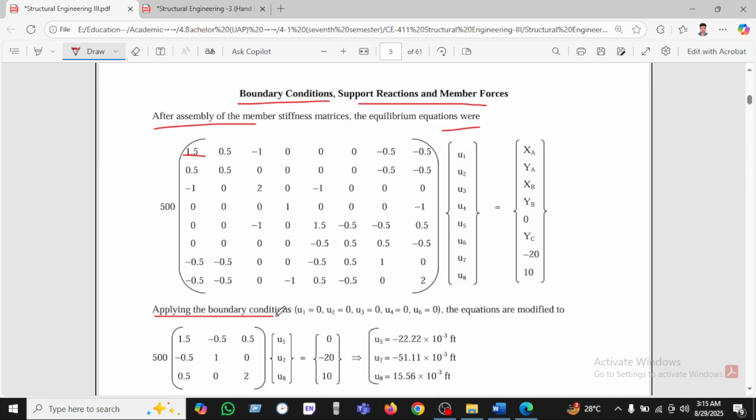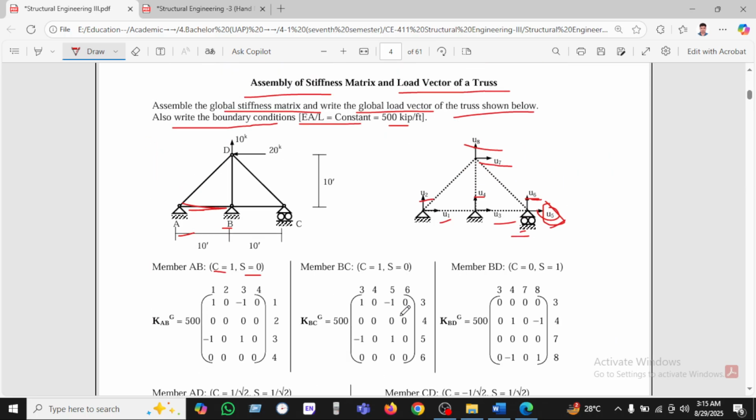So after applying the boundary condition, U1 0, U2 0, U3 0, U4 0. How? We have been seeing this as the pin support. It will act horizontally and vertically, so there will be no deflection. That's why U3, U4 are also 0.